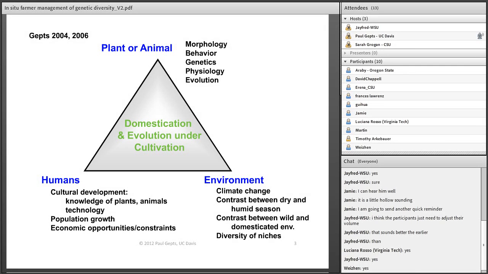And so what you'll see here is a combination really of molecular studies, but also studies in the field that rely on samples provided by farmers. So I'm going to the next slide.